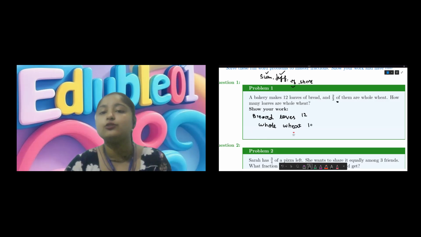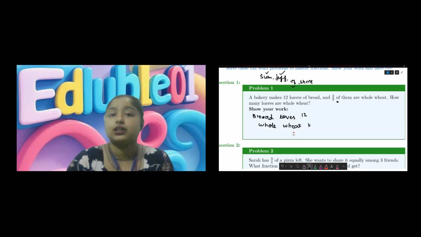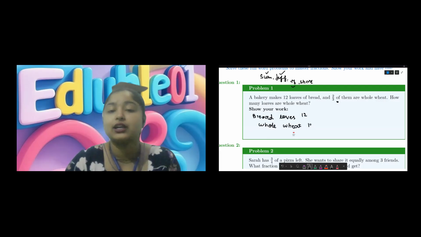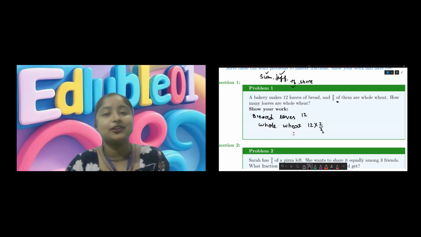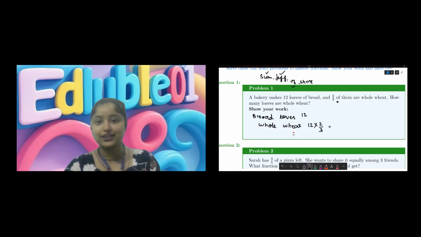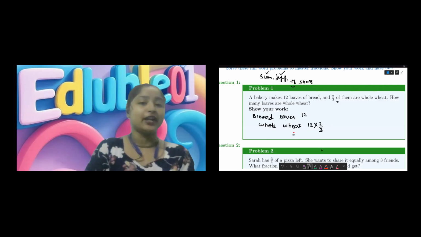So over here, we clearly know that 2/3 of them are whole wheat. That means we need to find 2/3 of 12. How are we going to do that? 2/3 of 12 means 12 times 2 over 3. And we know how to do the multiplication with a whole number.